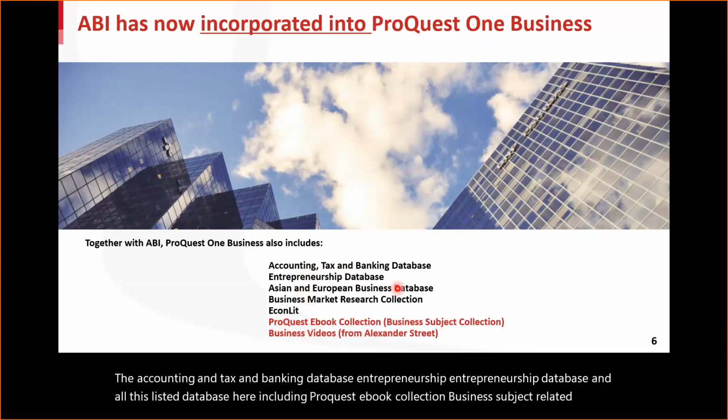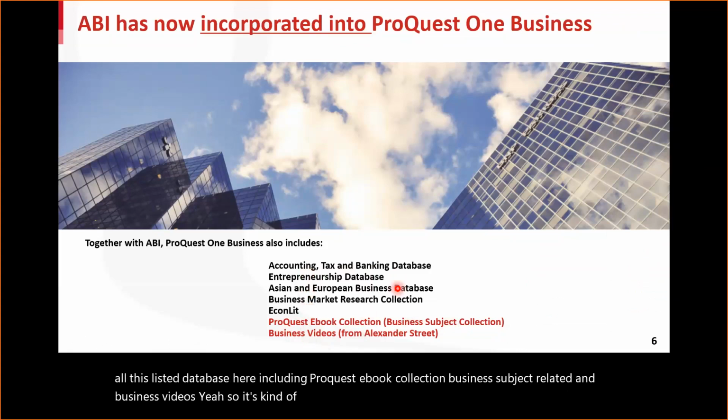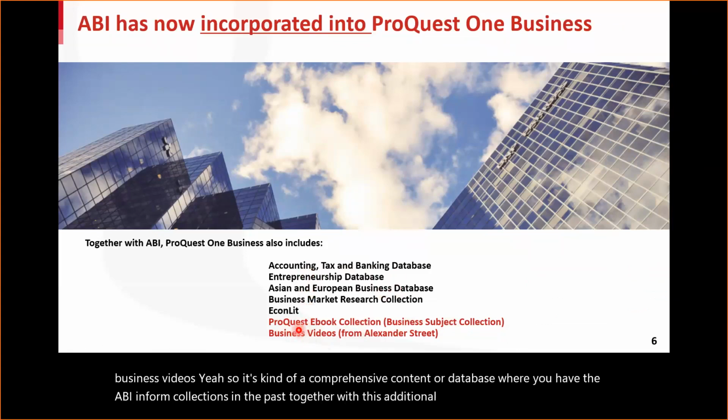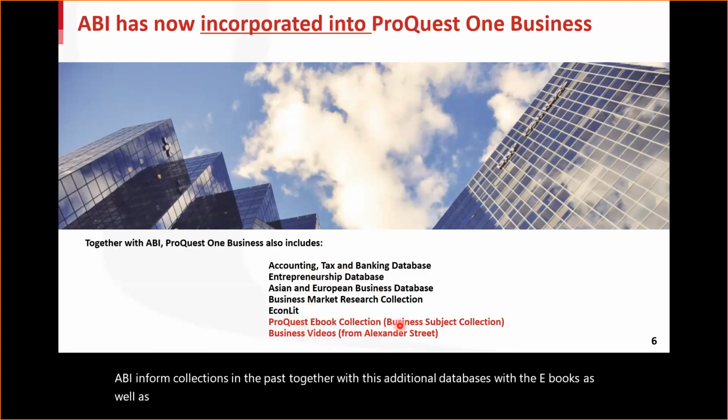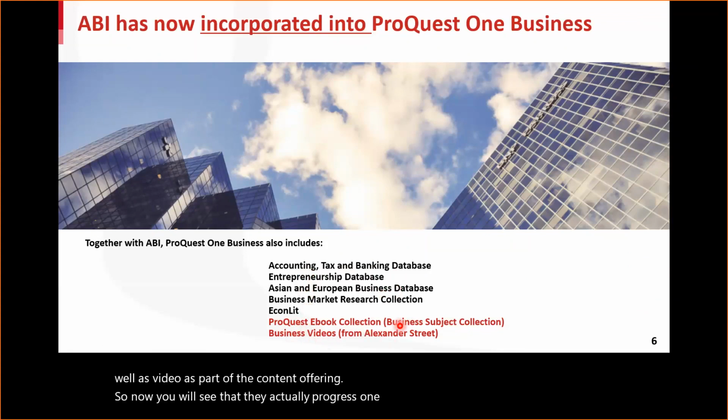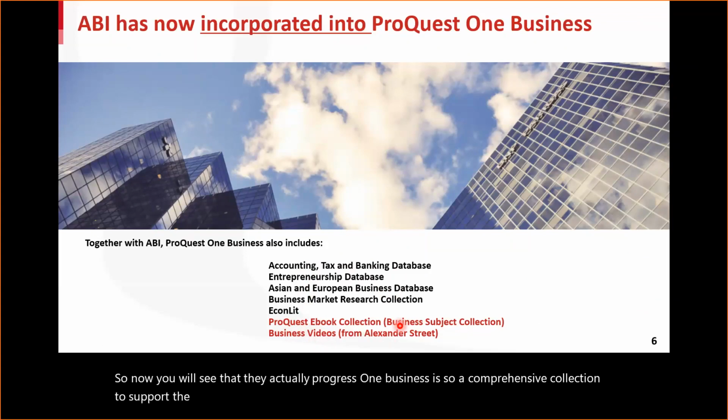So it is a comprehensive collection where you have the ABI Inform collections from the past together with these additional databases, with ebooks as well as video as part of the content offering. So now you will see that ProQuest One Business is a comprehensive collection to support business and economics students.